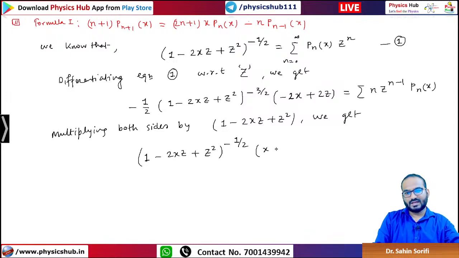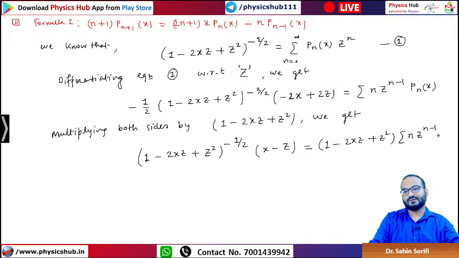This equals, on the right hand side also we have to multiply by 1 minus 2xz plus z squared, the sum over n z^(n-1) P_n(x).